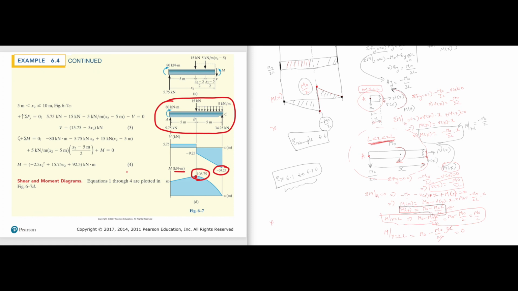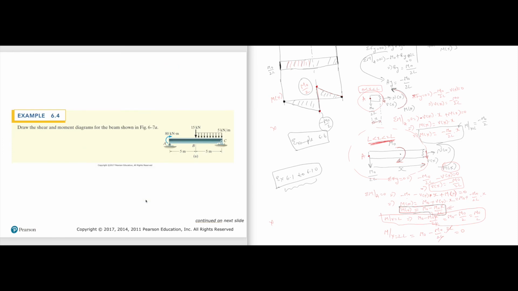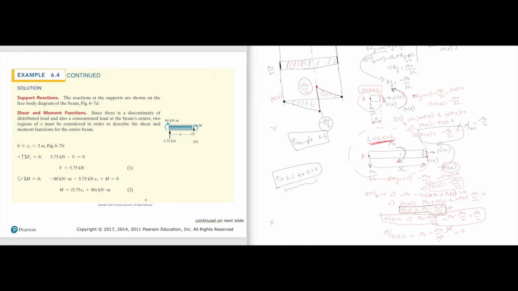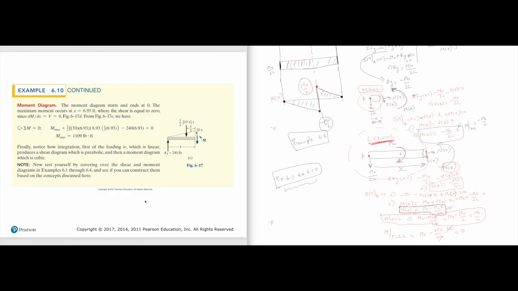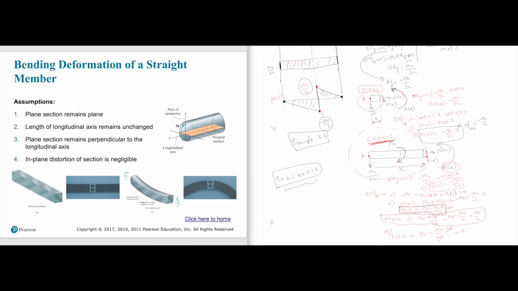So what I'm saying is, given a problem, you have to brush up your concepts to develop the ability to draw the shear force and bending moment diagrams. Okay, so look at all the problems.